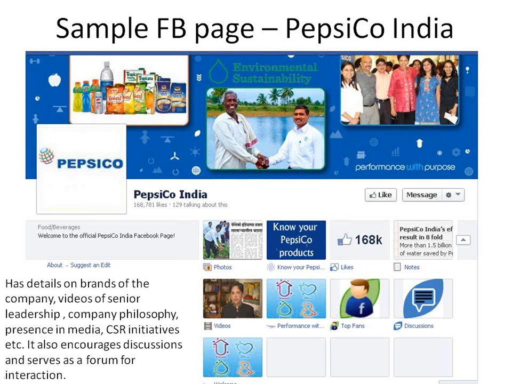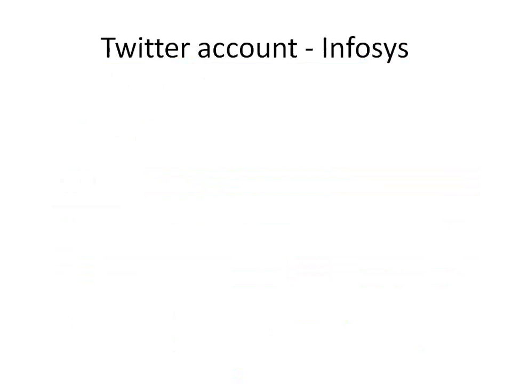It has details on the various brands of the company, the videos of the senior leadership, what is the company's philosophy, what is the presence in the media, the corporate social responsibility initiatives, and also has a link there where you can discuss and also interact with the people there.